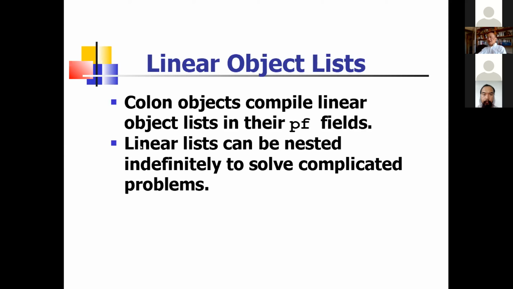The linear object contains objects which can be linear objects, so they can be nested indefinitely, including all the control structures. And this way, any problem you can solve with Forth, you can solve with the OOE Forth.